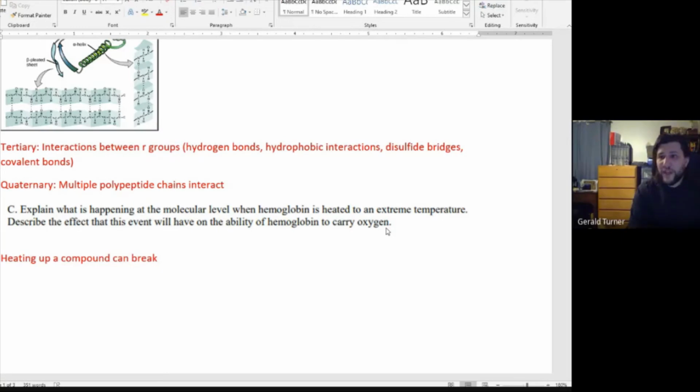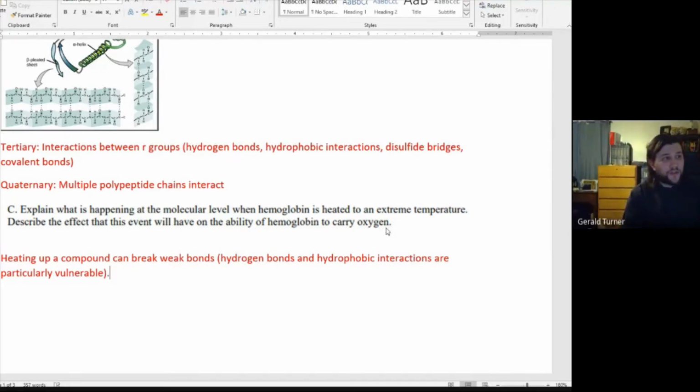it can break weak bonds. So this would be particularly hydrogen bonds and hydrophobic interactions are going to be particularly vulnerable to this. So once those bonds break, those bonds are responsible for keeping a lot of that structure together.